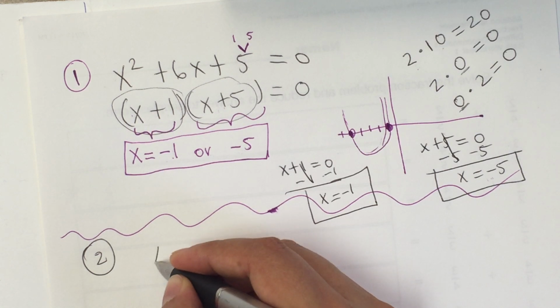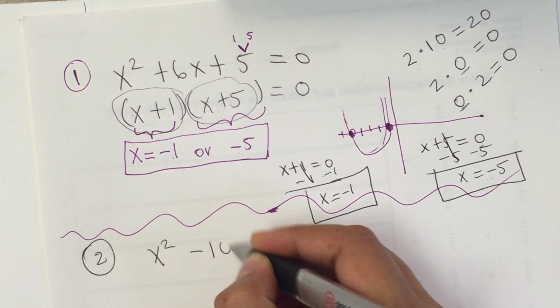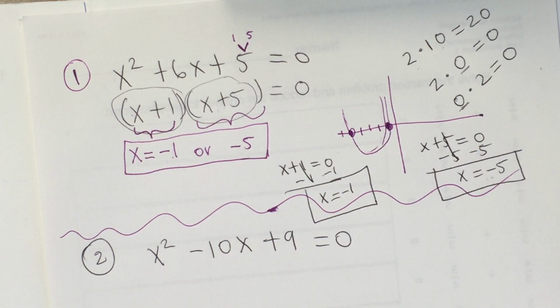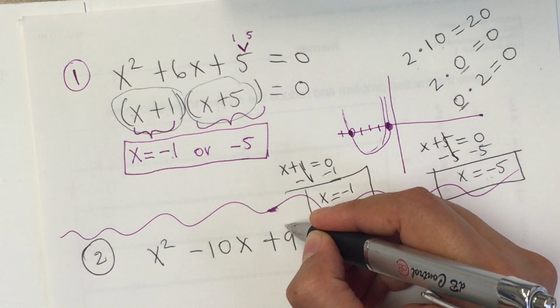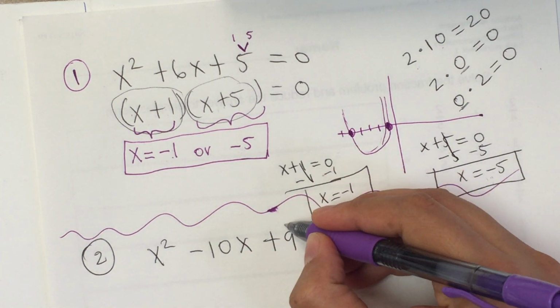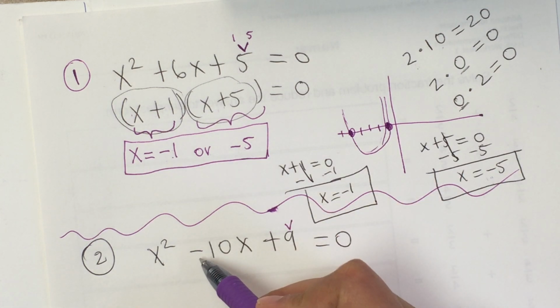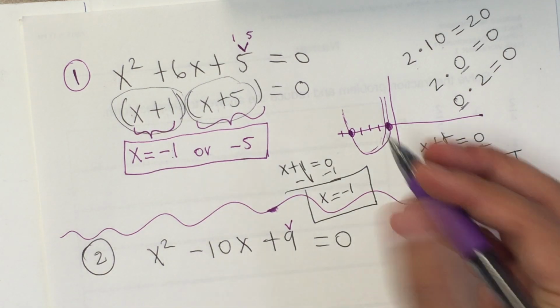Okay, another example. X squared minus 10x plus 9 is equal to 0. So again, I'm going to factor and I'm going to say, okay, what two numbers multiply to 9, but when we add them, it's -10.